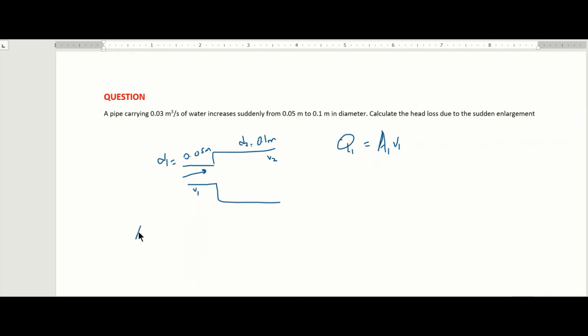So our area 1 is equal to pi d1 squared over 4. That gives us pi times our d1, which is 0.05, all squared over 4. Now when you put that in your calculator, our A1 should give us 0.00196 meters squared.